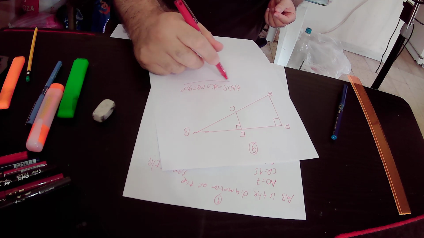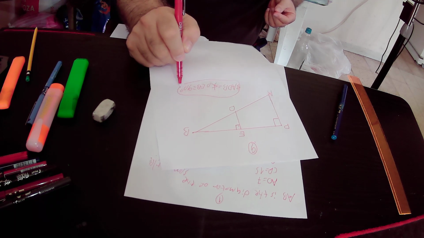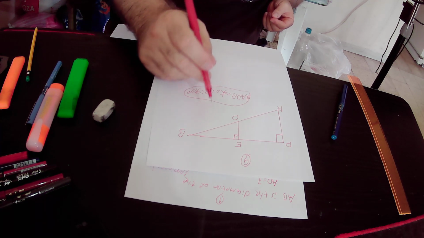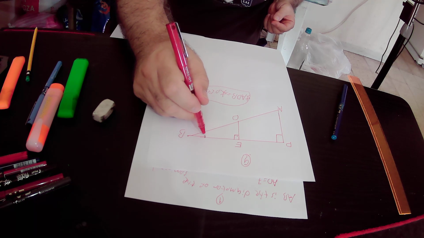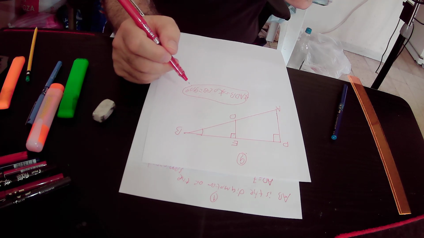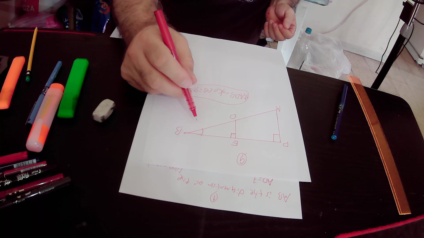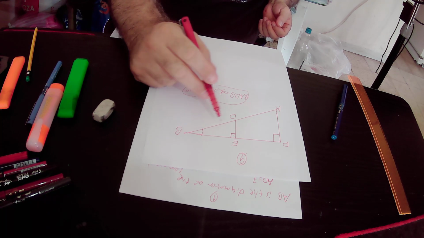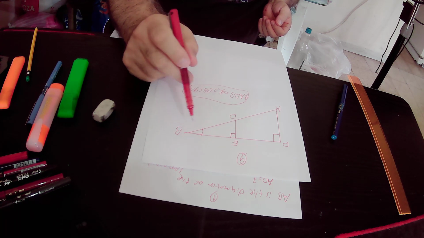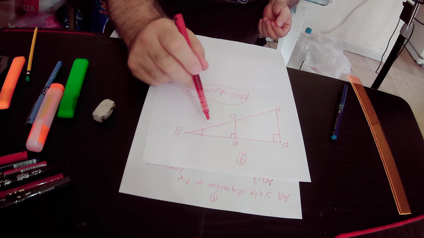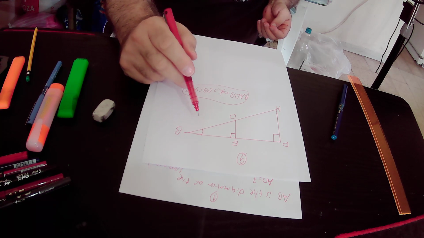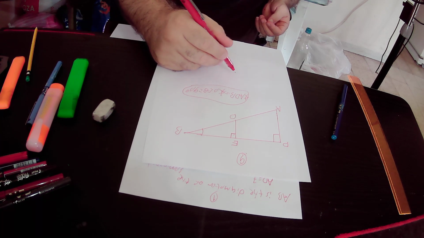Okay, we have this, and we also know that this angle, angle B, is a common angle. It belongs both to the small triangle, triangle OEB, and to the big triangle, triangle ADB. So we can write down that angle B equals angle B. It is a common angle.